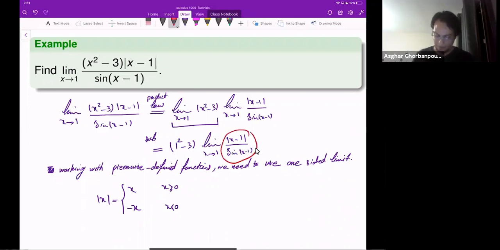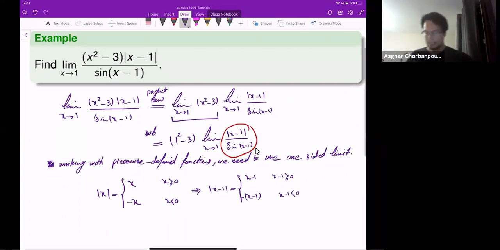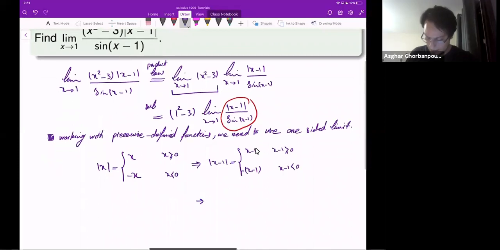Well, if I replace every x with x minus 1, it will be x minus 1 for x minus 1 bigger than or equal to 0, and minus (x minus 1) for x minus 1 less than 0. Well, let's simplify this a little bit.